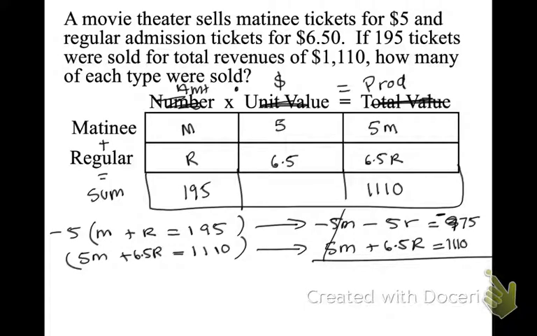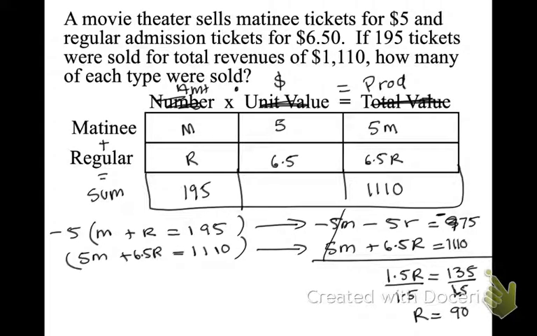I'm going to end up with 1.5R equals 1110 minus 975 is 135. Divide both sides by 1.50. And we get 90. R is equal to 90.